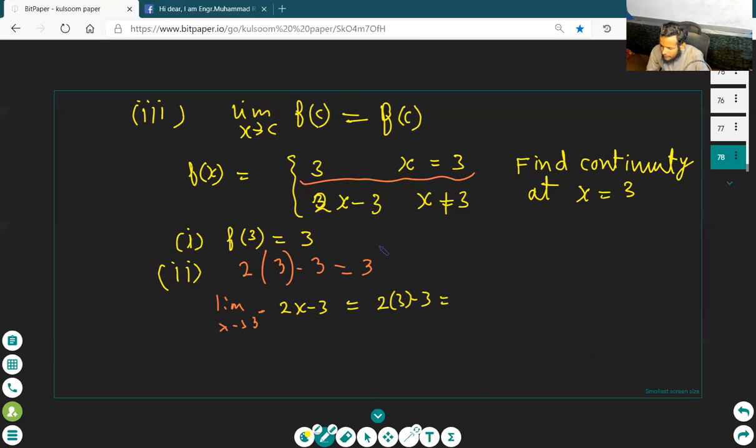Then the right hand limit, and after this find the limit. You should write the values, write the function: 2x minus 3. After this it is equal to 3. Then write the limit, this is the left and right.